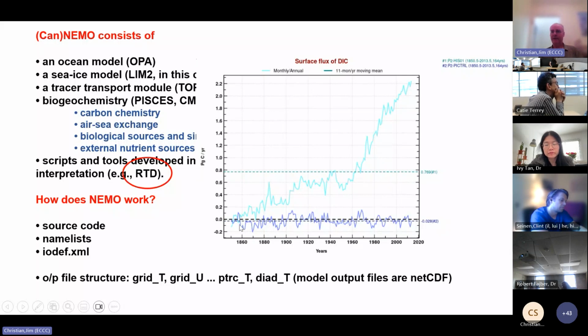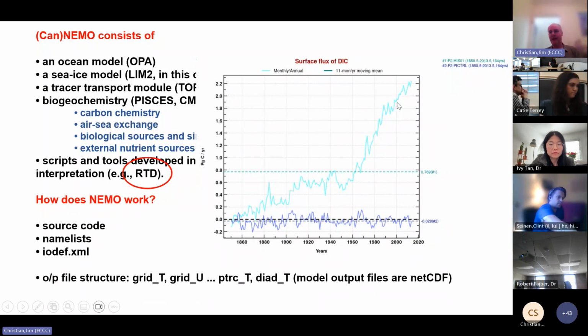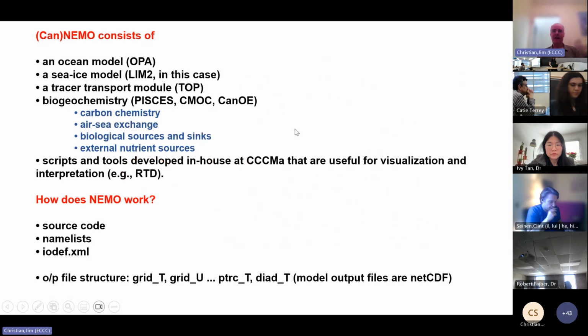And this is for CMIP6, a pre-industrial control run here in purple, and then the historical experiment here in blue. So the control run stays close to zero, and the historical run increases to about 2 petagrams per year of CO2 uptake as the emissions have ramped up over time. So these tools are available for visualization of the model output.